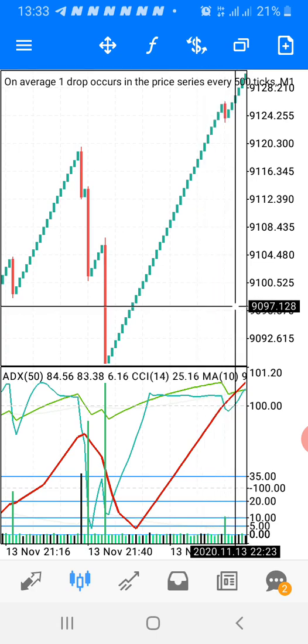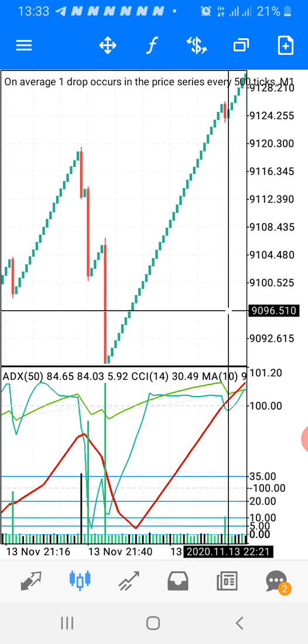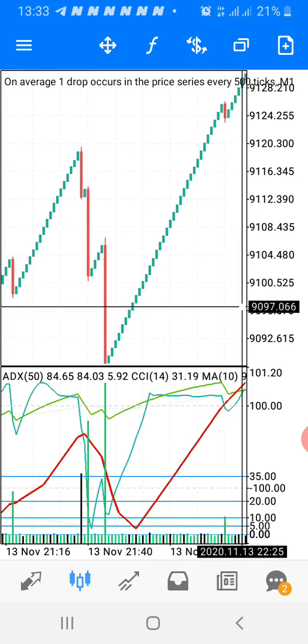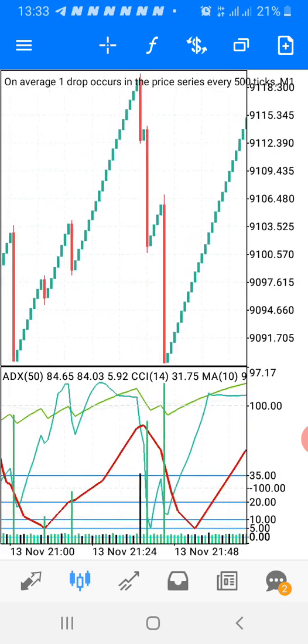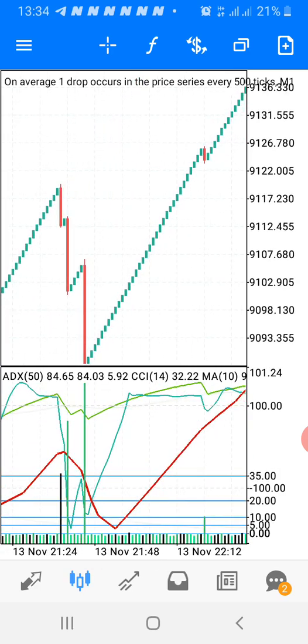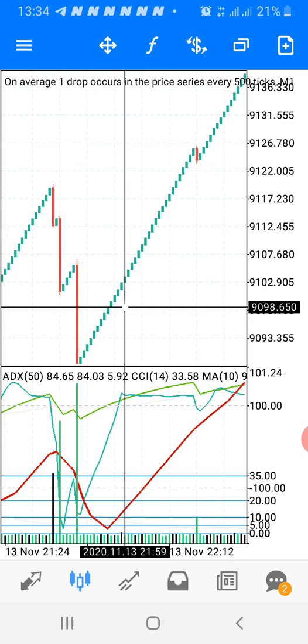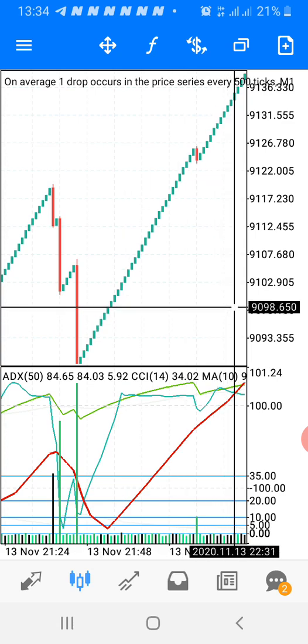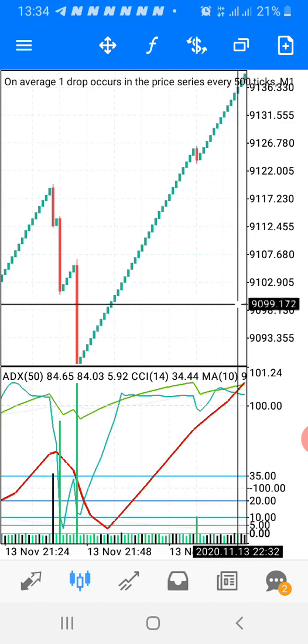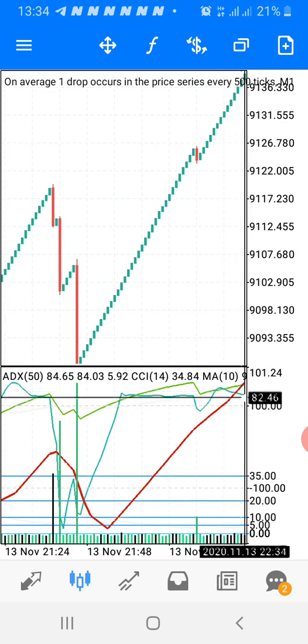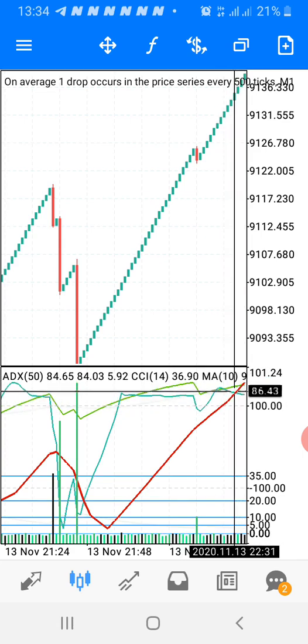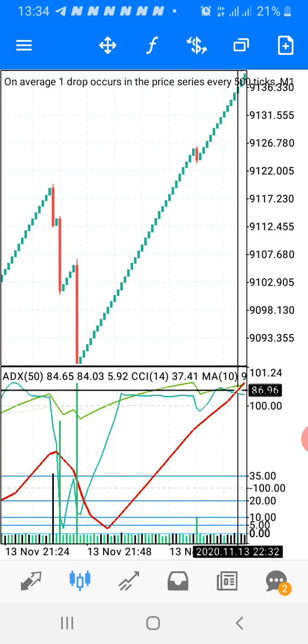Okay, this is a little spike. Okay, let's forget that. Already I'll place a sell, right? And then this is another one. I see the red moving average crossing this green line as well. Here, I will also place a sell.